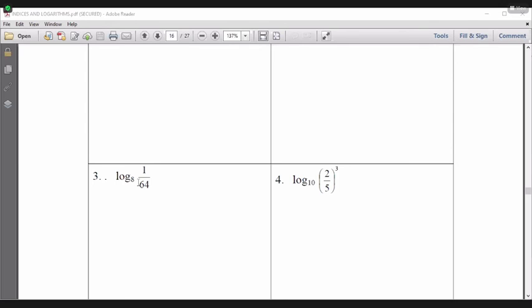Okay, if you have used it, it is the same as log, because you are saying log to base 8 of 1 over 64, isn't it? Yes. So how have you used your change of base?